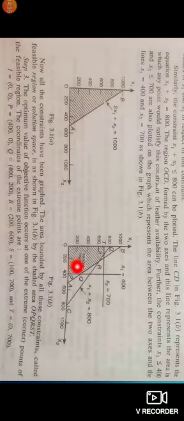And Q, x1 is 400 and x2 is 200. R, x1 is 200 and x2 is 600. S, x1 is 100 and x2 is 700.